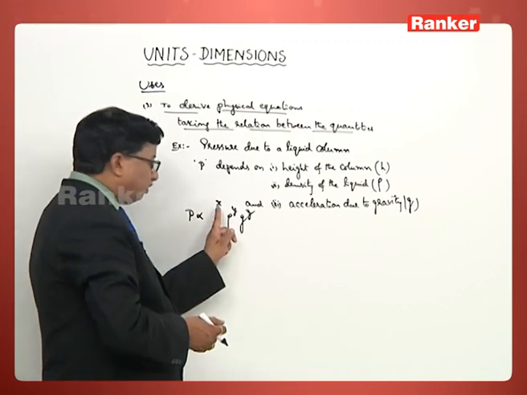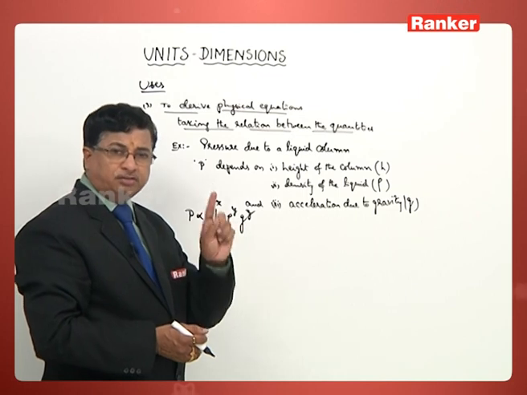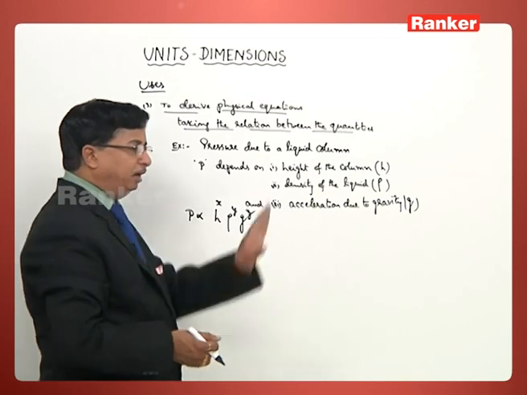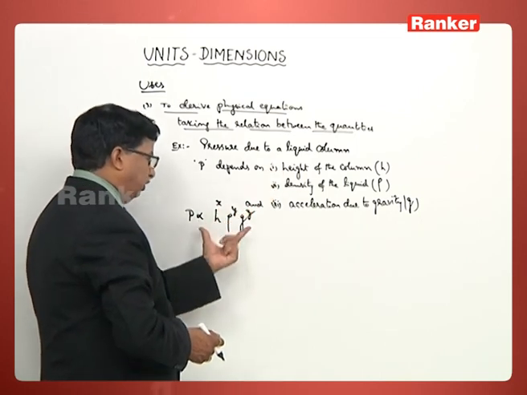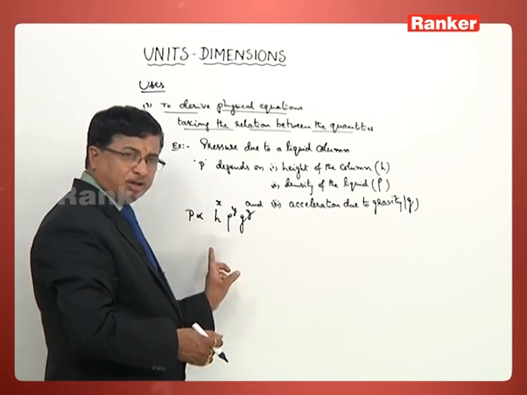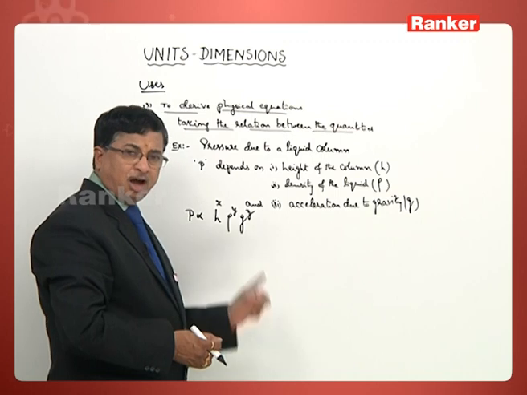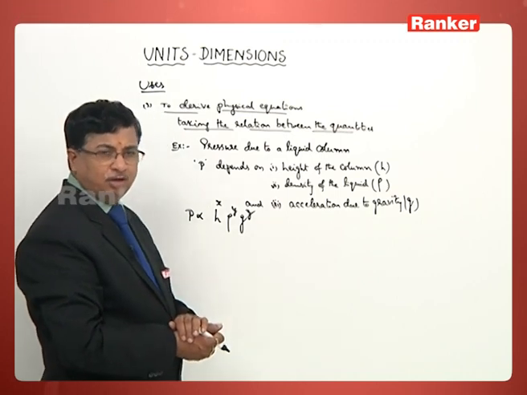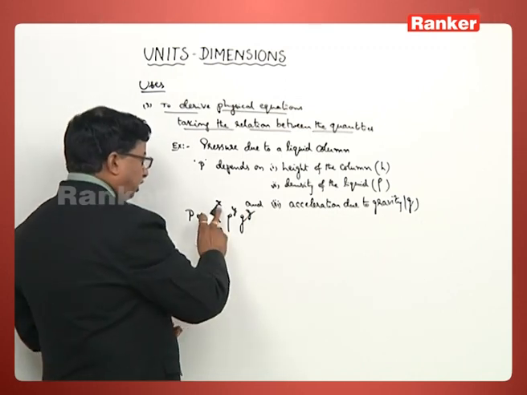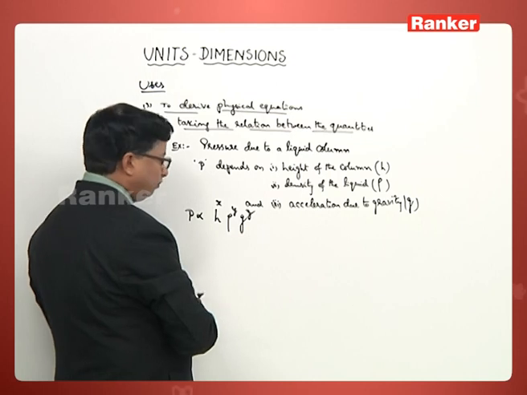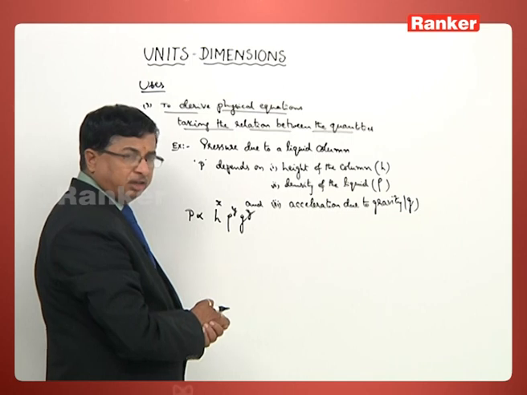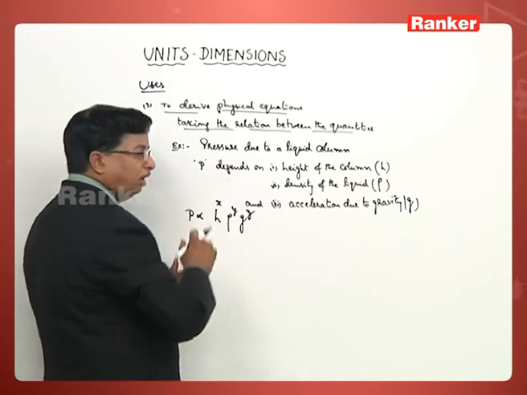If I can estimate the values of x, y and z using dimensional methods, I directly can substitute those three values here to conclude the relation between pressure, height, density and acceleration due to gravity. So, that is the methodology we just have to adopt. So, let us say height has a power of x, rho has a power of y, g has a power of z. I just want to calculate these three values right now.